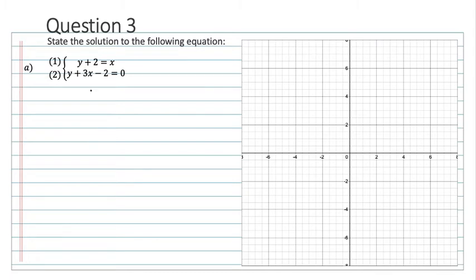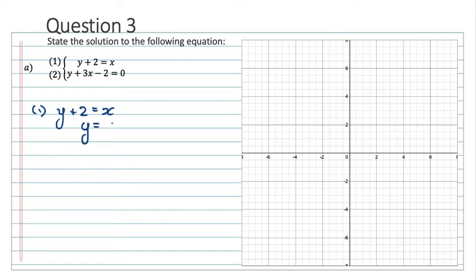we've got question 3, y plus 2 equals x and y plus 3x minus 2 equals 0. So notice the first problem here is neither of these equations are in slope-intercept form. So what we need to do is rearrange them. So for equation 1, we've got y plus 2 equals x. I'm going to rearrange that.